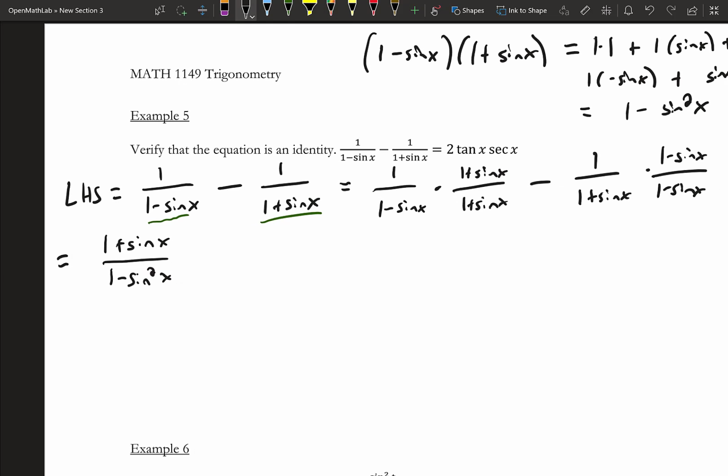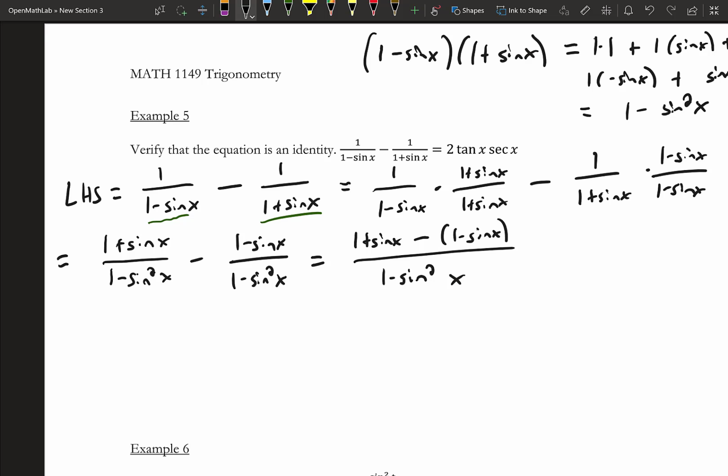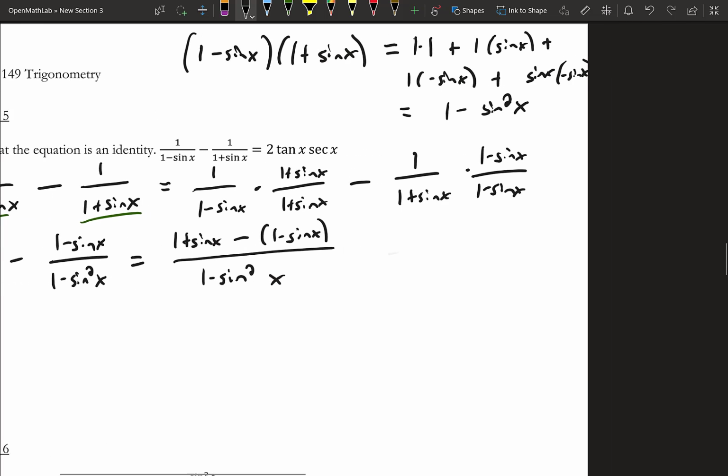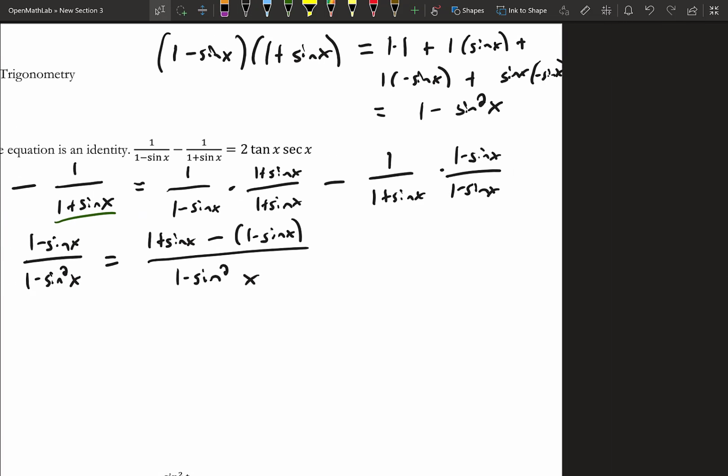So then the second one we'd have minus 1 minus sine x all over 1 minus sine squared x. So we've got a common denominator now. This gives me 1 plus sine x minus 1 minus sine x all over 1 minus sine squared x. We need to distribute this negative through.